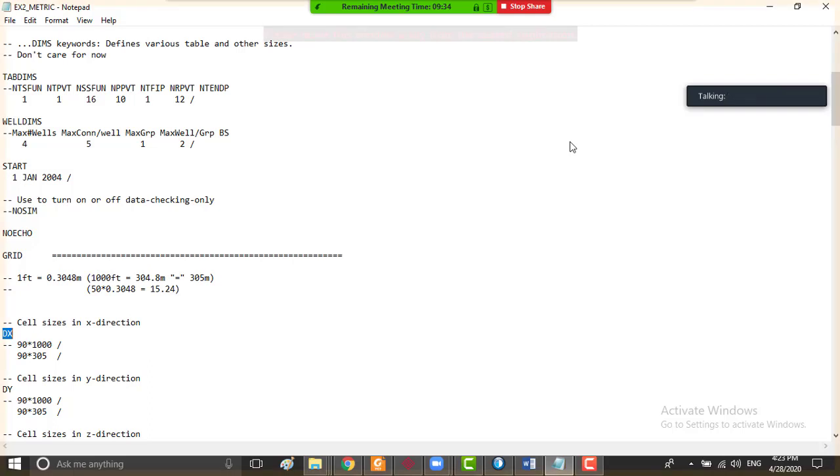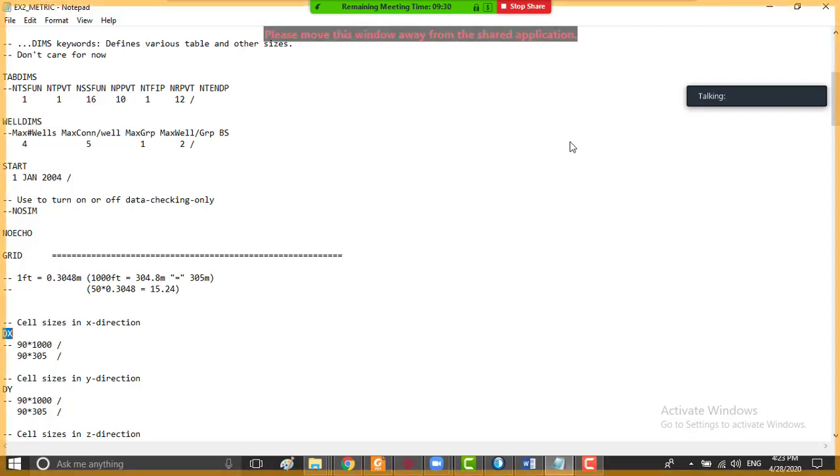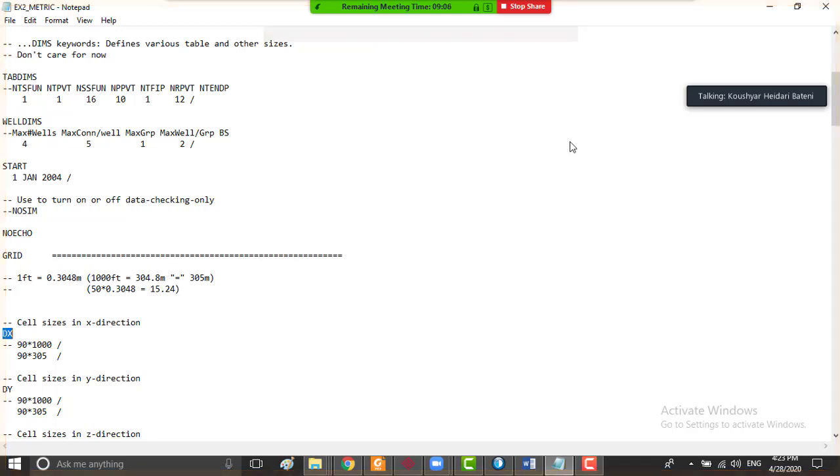Right? Now, imagine that we have decided to write the length equal to 1000 feet for every block in the x direction. So what do we have to do? We have to write 1000 feet 90 times. Do you agree with me?